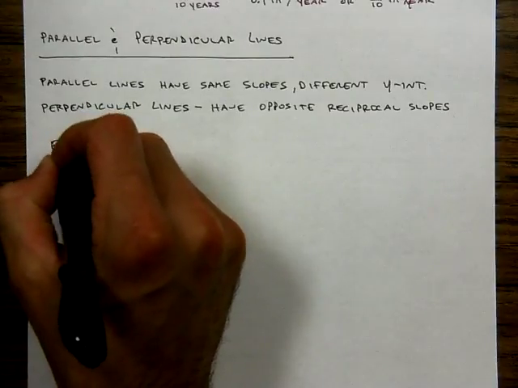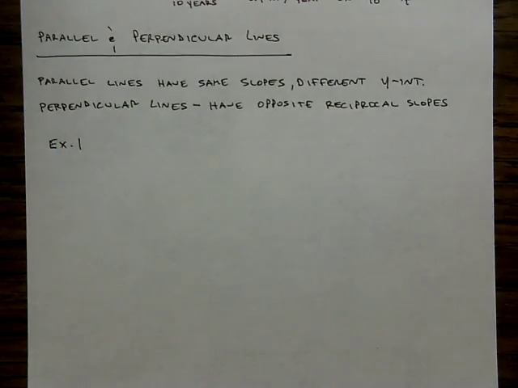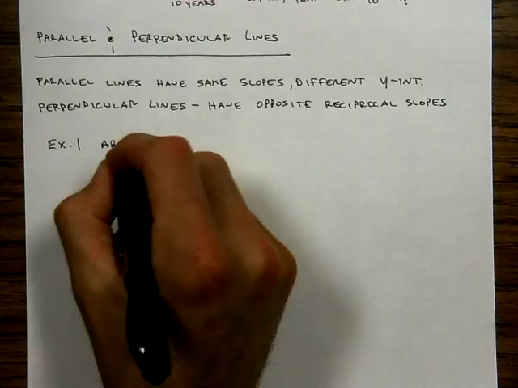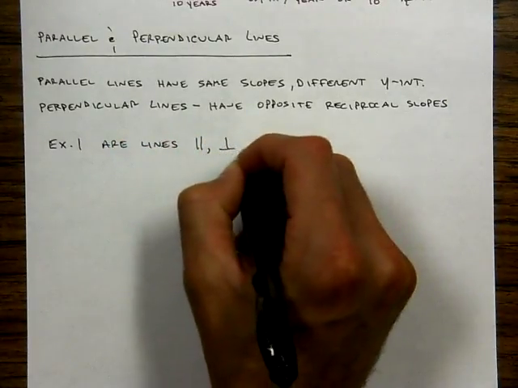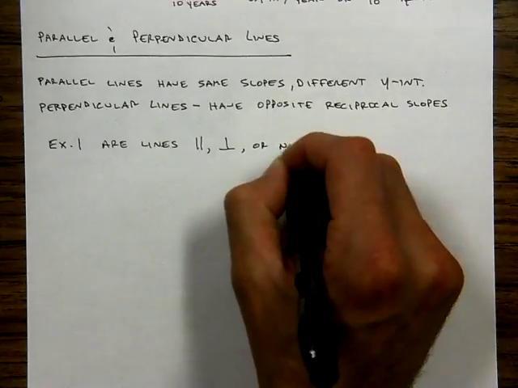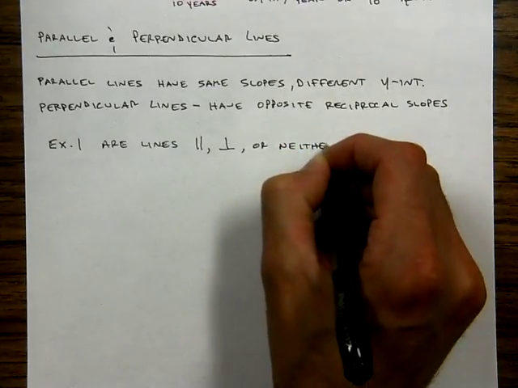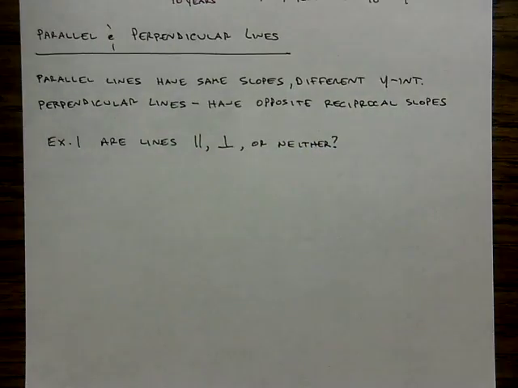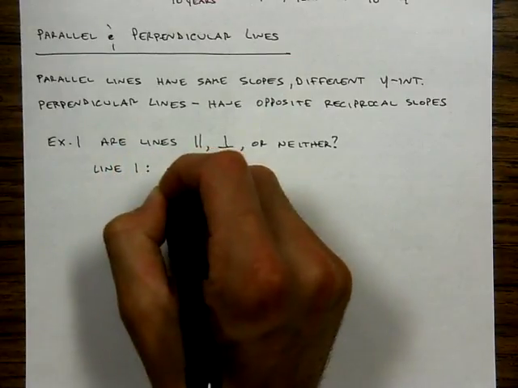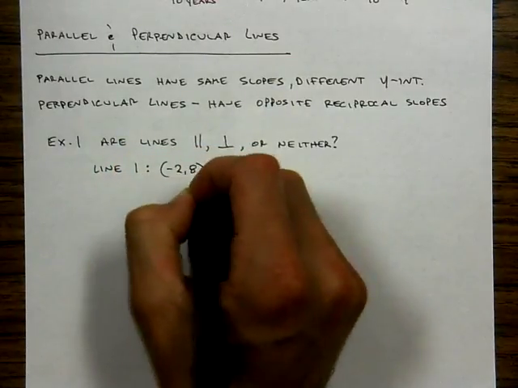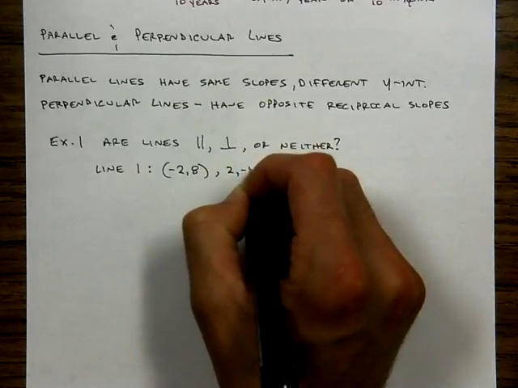All right, so for example, I'm only going to do one example with us. The question is, are the lines parallel, perpendicular, or neither of those? And hopefully you remember these symbols from geometry. I'm assuming we do. The first line passes through the points (-2, 8) and (2, -4).